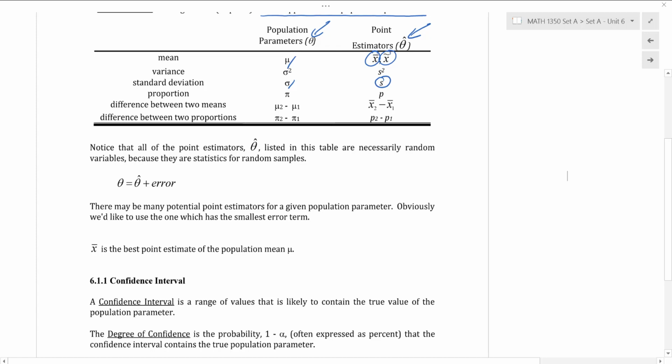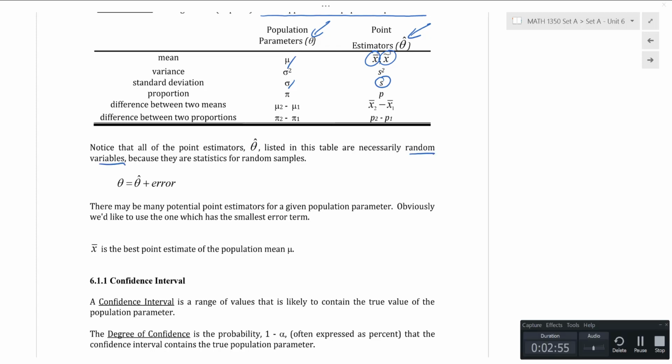Now, all of these different estimators in the theta hat table are random variables, and they're coming from random samples. Since we've chosen this sample as only a part of the population, we're not expecting theta hat to be exactly theta.